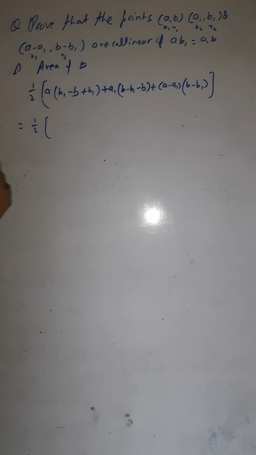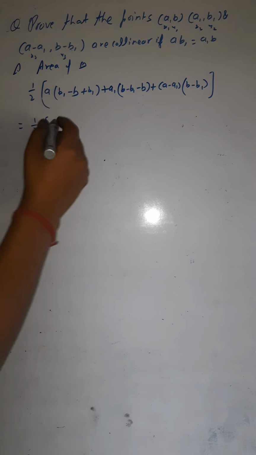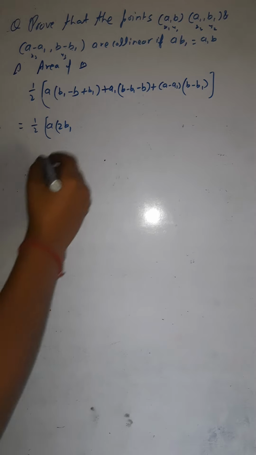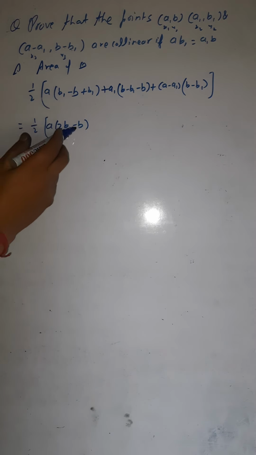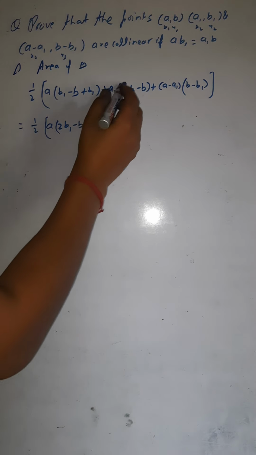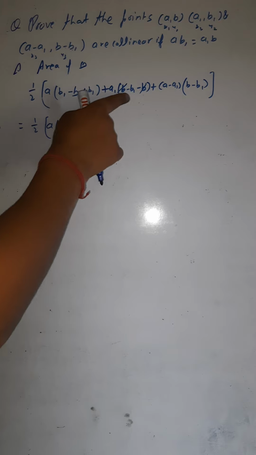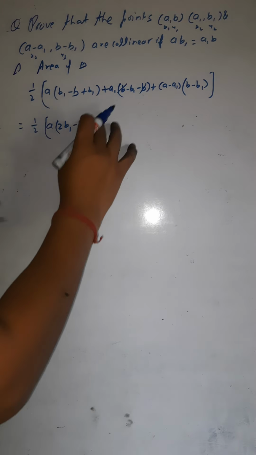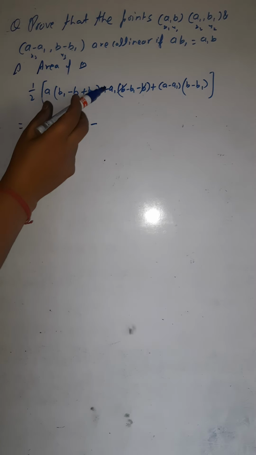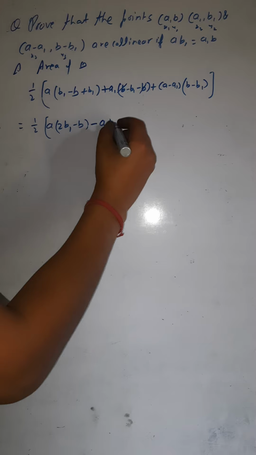If you are adding this, this would become a into b1 plus b1 would be twice of b1 minus b, 2b1 minus b plus this b, and this b can cancel each other. What is left now? a1 into b1, and sign is minus, plus into minus is minus sign. a1 b1.